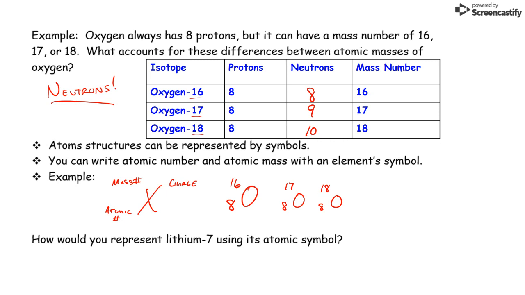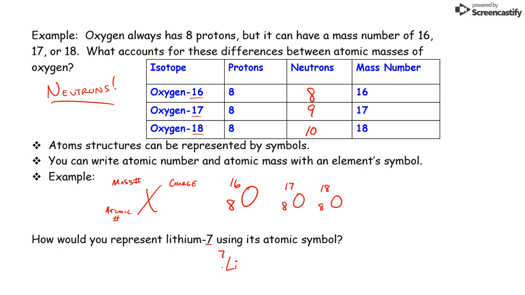And so our next question is, how would you represent lithium-7 using its atomic symbol? And so lithium is Li, and then remember when it says -7, that represents the mass. So 7 is going to go on top. Now when we look at the periodic table to figure out what the atomic number of lithium is, we can then write that on the bottom left side.